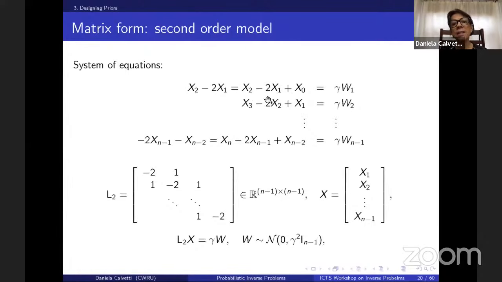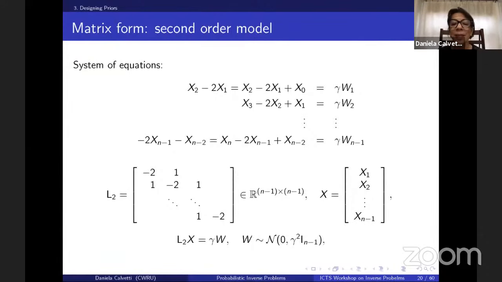I look at the x1 through xn minus 1 as the components of my unknown x. So now x is a vector with n minus 1 components, and the components are univariate random variables. Here, I write down the matrix of the coefficients which make the left-hand side happen. And this is the well-known matrix L2.